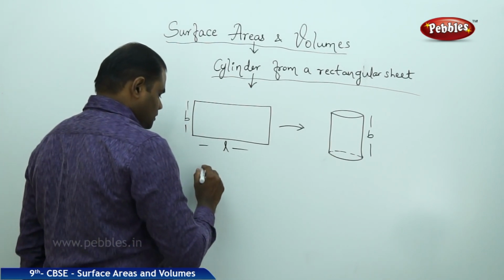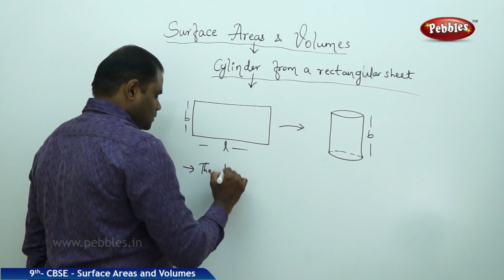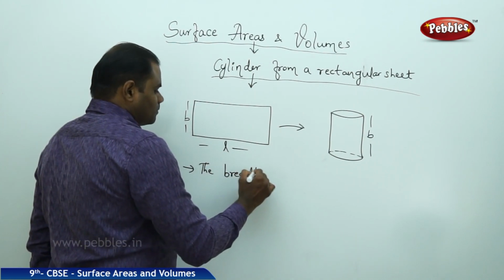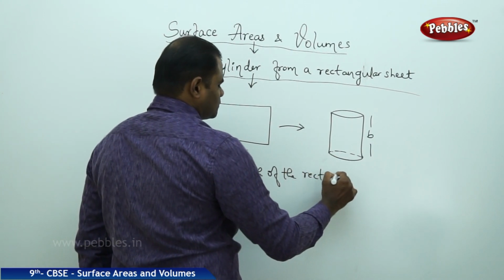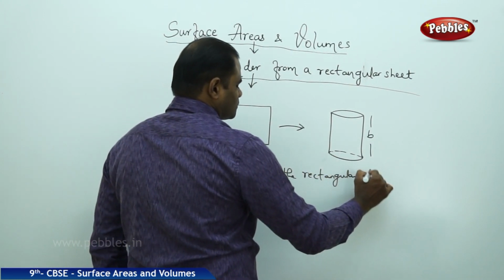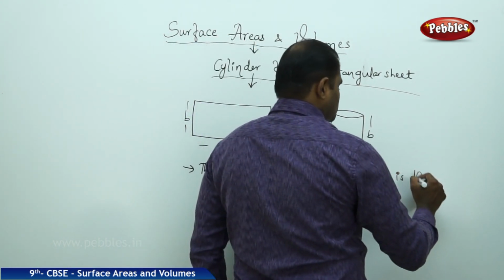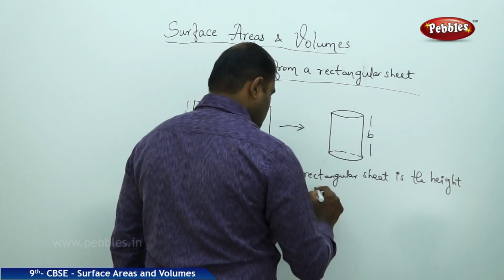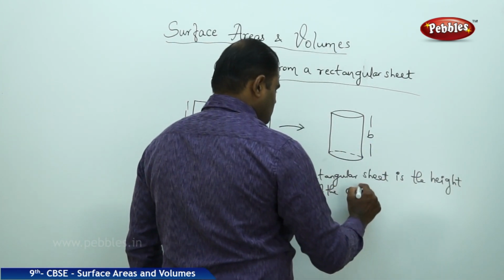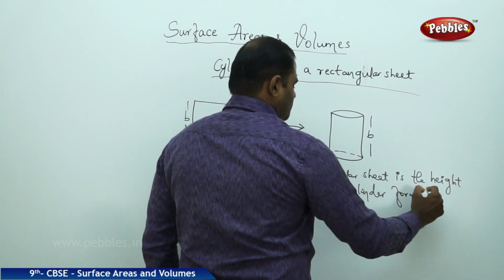So the first thing we note is the breadth of the rectangular sheet is the height of the cylinder formed.